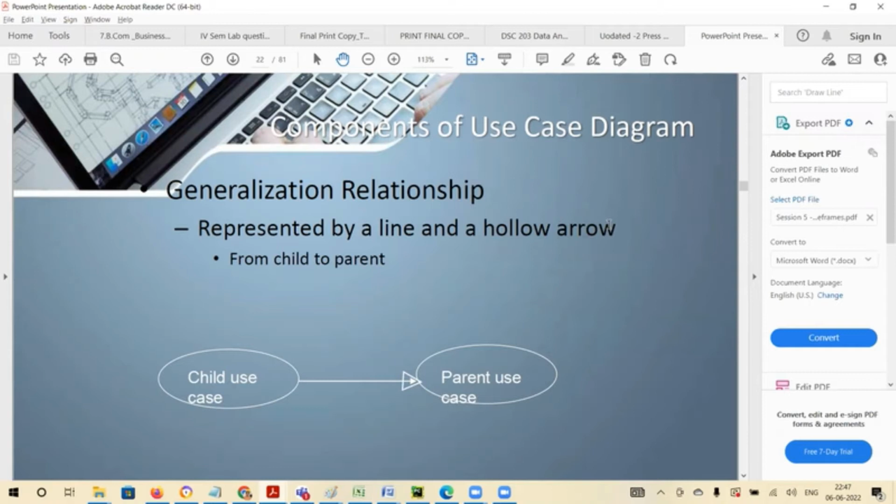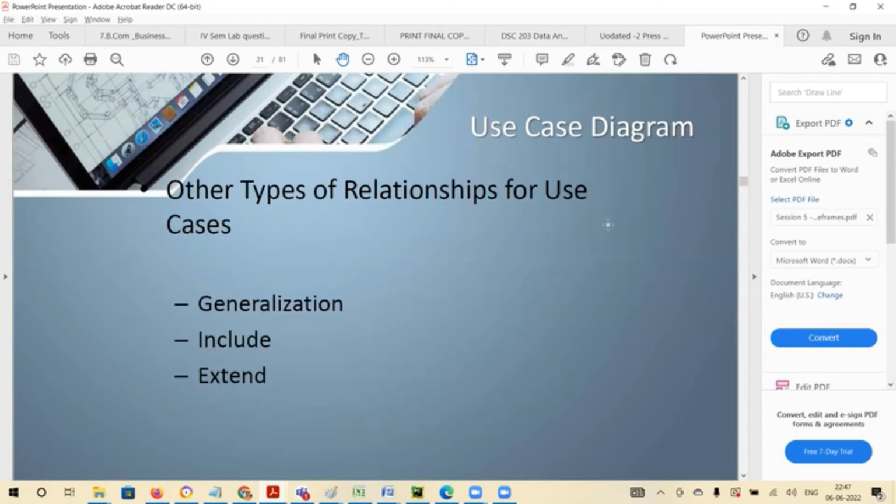The third scenario could be that you have complex logic to execute, complex things to do, so purposely you will break it into multiple child use cases. That's why you see generalization, include, and extend. So three scenarios. We'll see which comes where, but understand the scenarios.